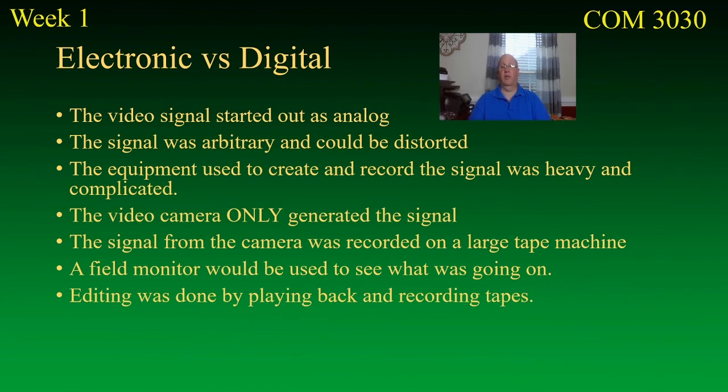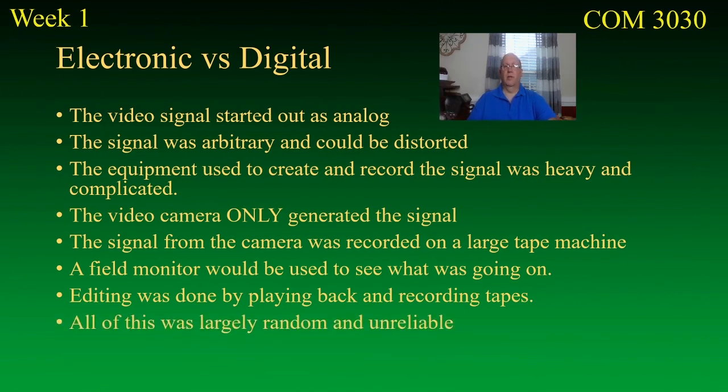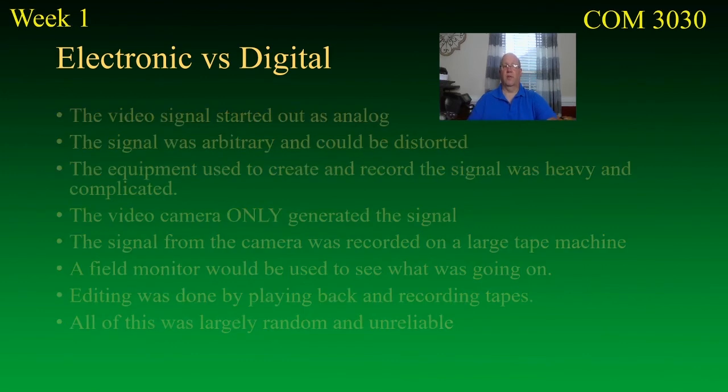And all kinds of other issues can happen with tape. For example, if you record right to the end of the tape, you may not be able to use the last few seconds of the footage, because it may cause the editing machine to balk at a certain point. So those are problems you don't have anymore. And all of this was random and unreliable. And so there were many issues that were wrong with the electronic world of television.